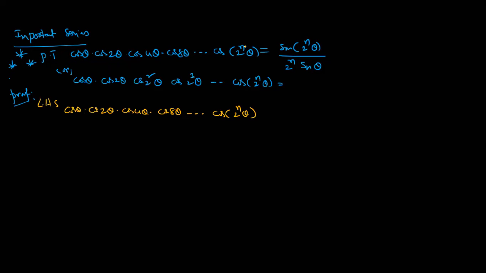This is 2 power n minus 1. Okay, change it that one. Now, what I'm doing, multiply and divide with 2 sine theta, remaining as usual.